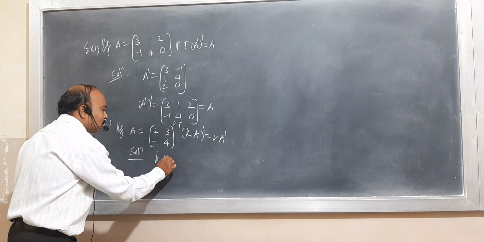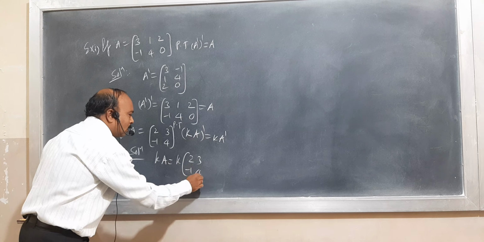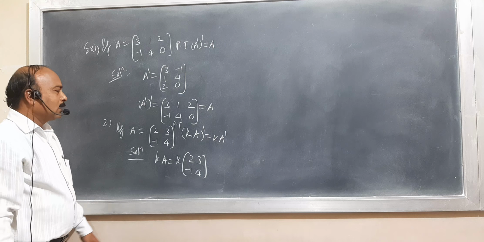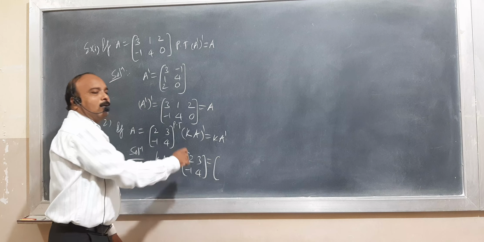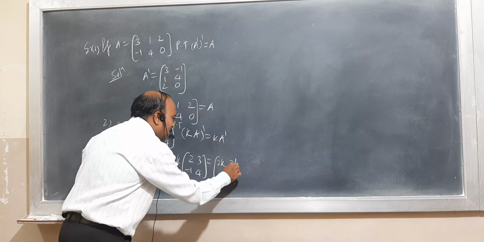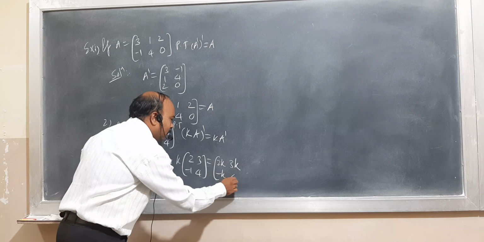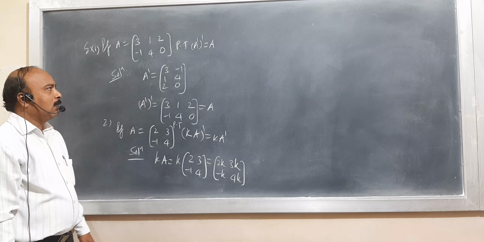K into A means K into the matrix 2, 3, minus 1, 4. It is scalar multiplication, as you know already. You multiply every element by K, and you get 2K, 3K, minus K, 4K. It is the matrix KA.